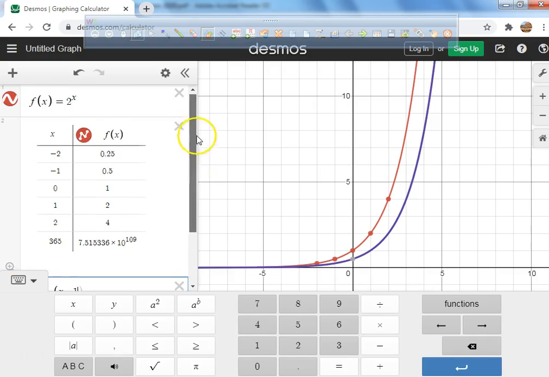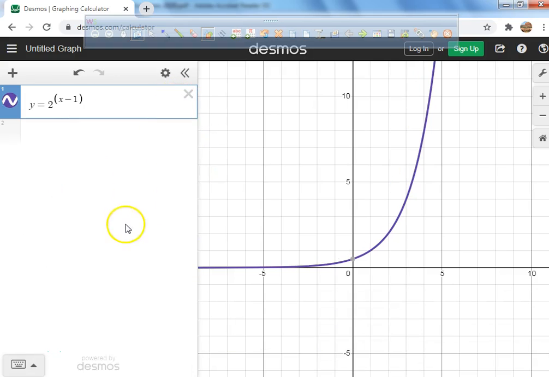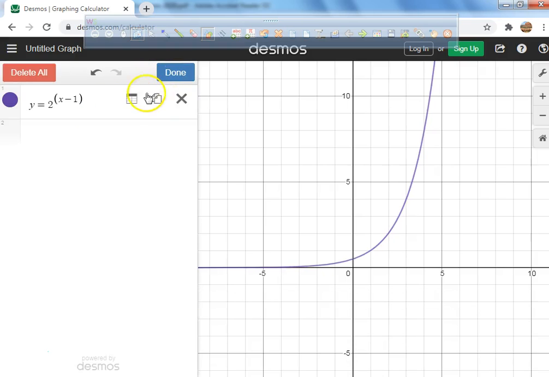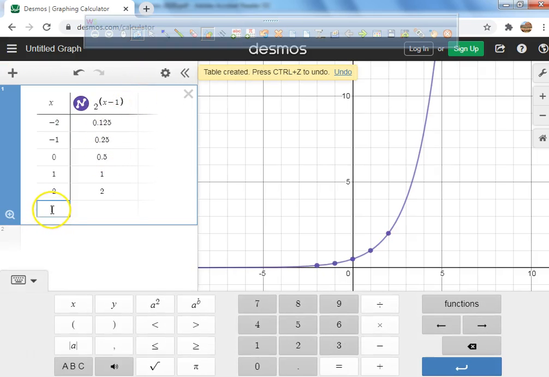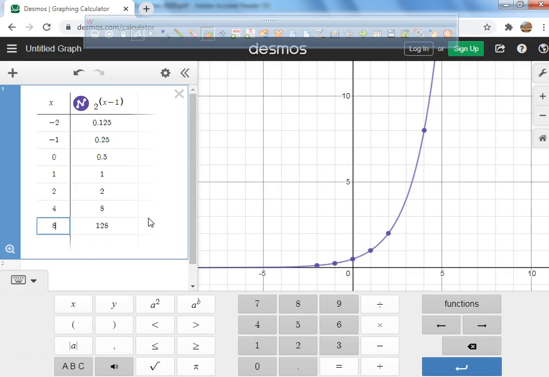All right? So here's what I want you to do. I'll go and clear this one out. There's our function. I want you guys to make a graph. There we go. Can you guys write down those numbers? Right there, just make that table right there, okay? As best as you can.